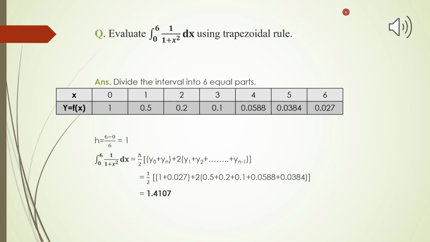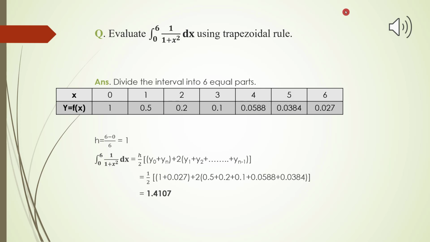As seen in the table, it is divided into 6 equal parts and we find the values of y in terms of x. After that, we find the width between each value of x, that is h equal to 6 minus 0 divided by 6, equal to 1. Then we do the numerical integration problem using the trapezoidal rule.